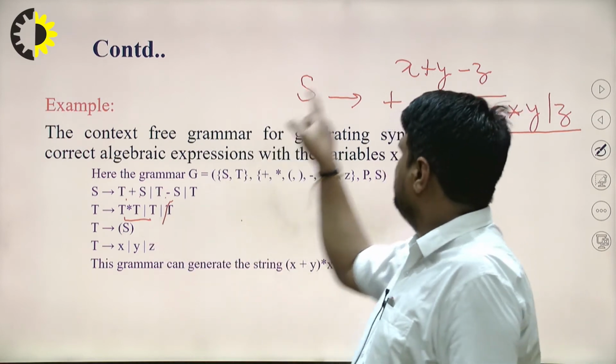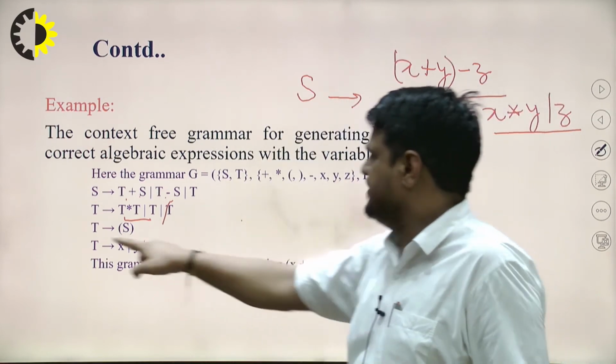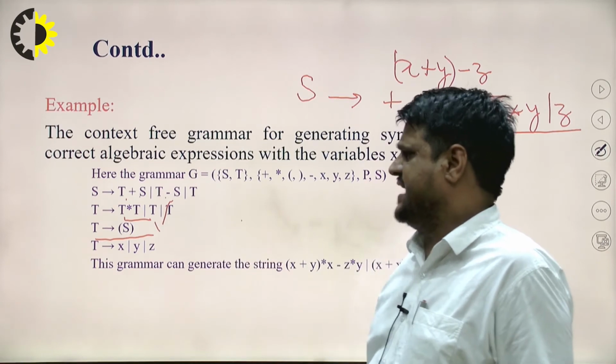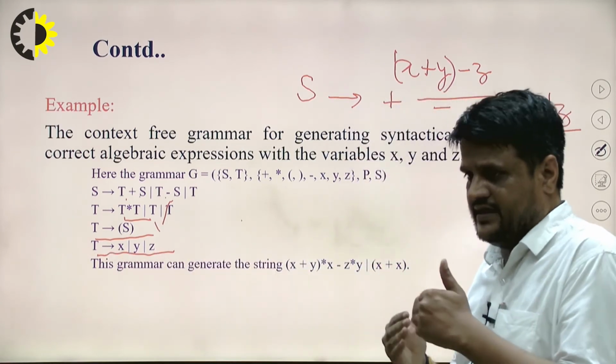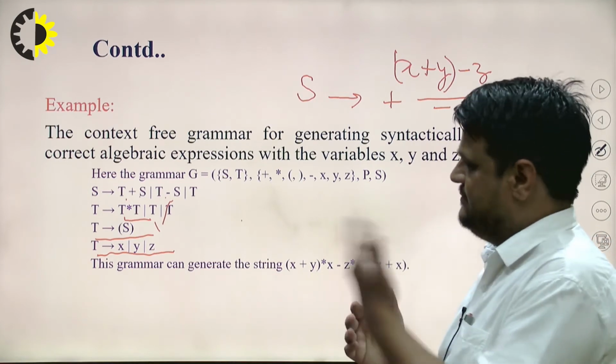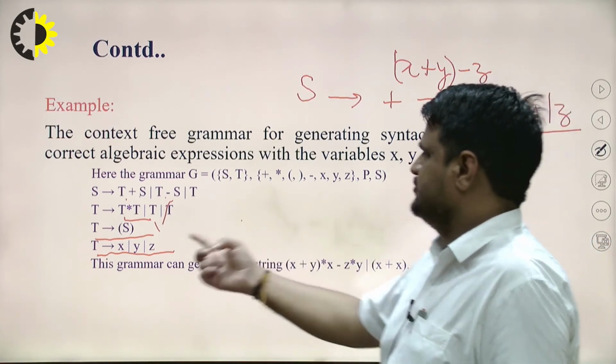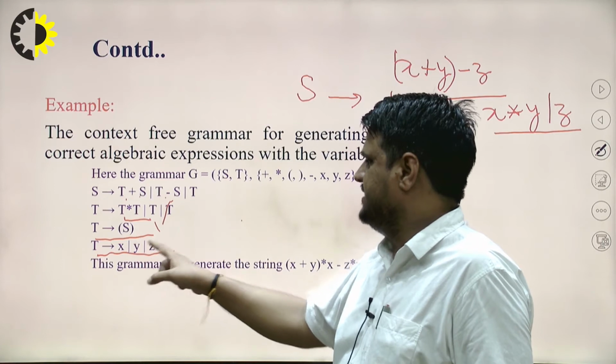After that, if you want to write something in brackets, you have to write T tends to brackets S, and at last you have to substitute the non-terminals, or you can say variables, by the terminals. So you have to take the values x, y, z.